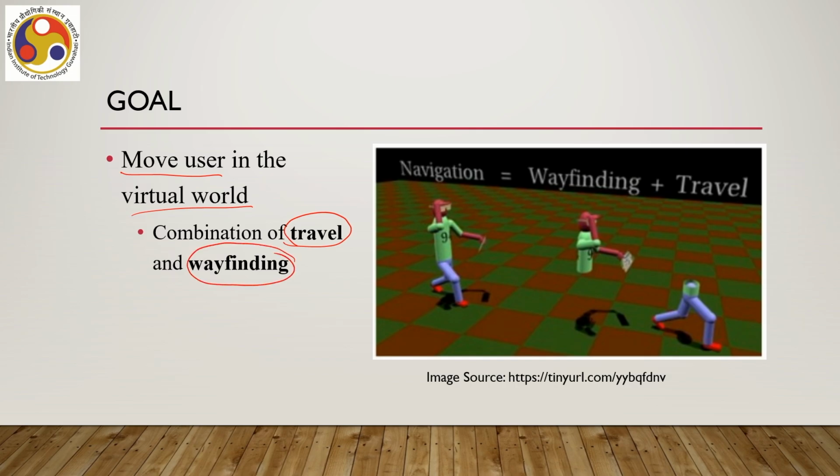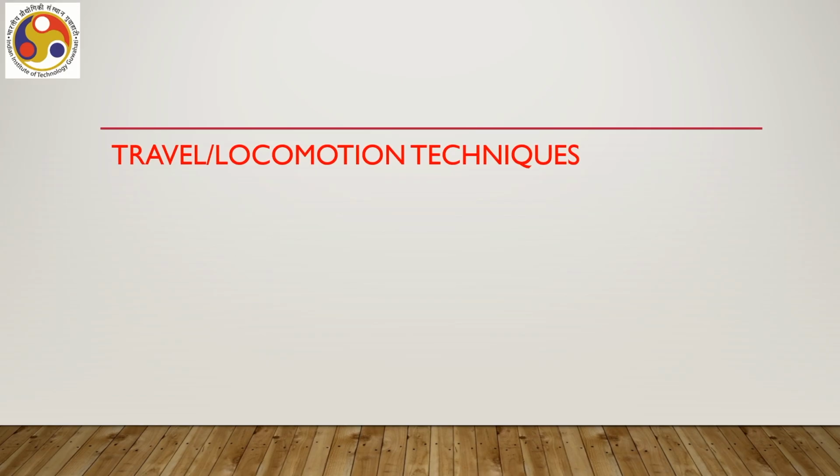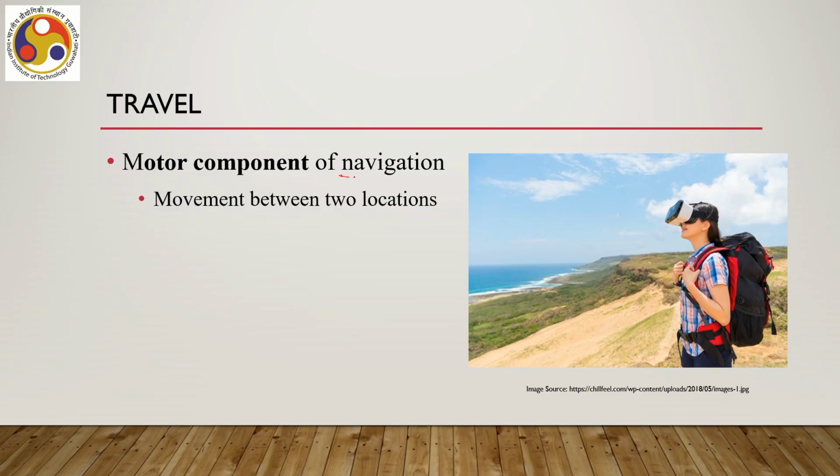Now, the travel part is also known as the locomotion, and the corresponding techniques that are used to let the user travel in a virtual world from one place to another are called locomotion techniques, or alternatively the travel techniques. Now, travel is the motor component of the navigation, that is the actual movement.